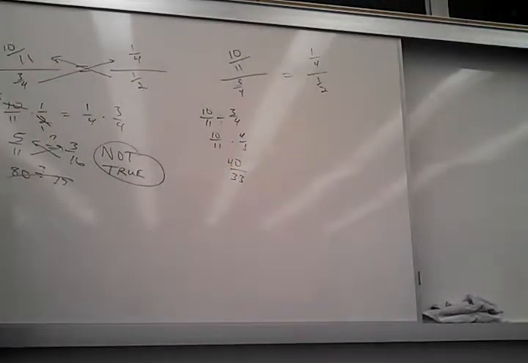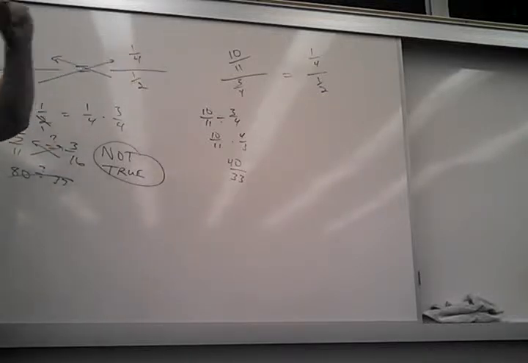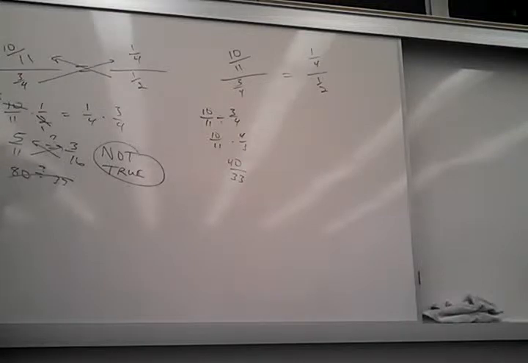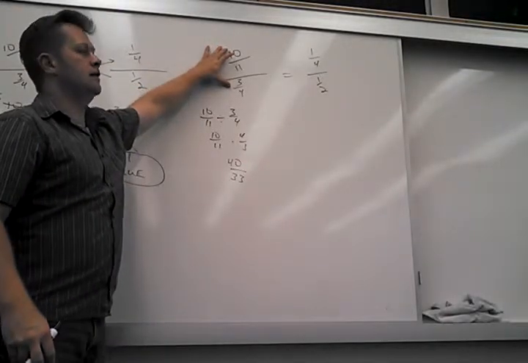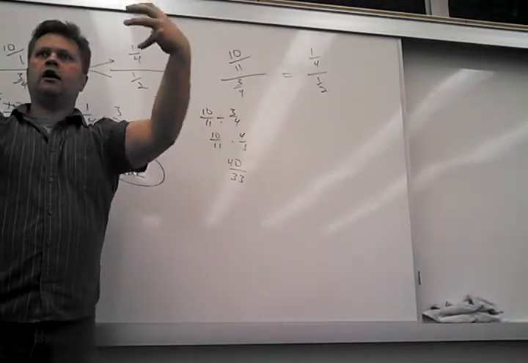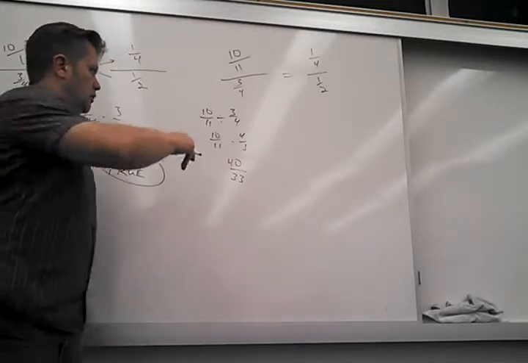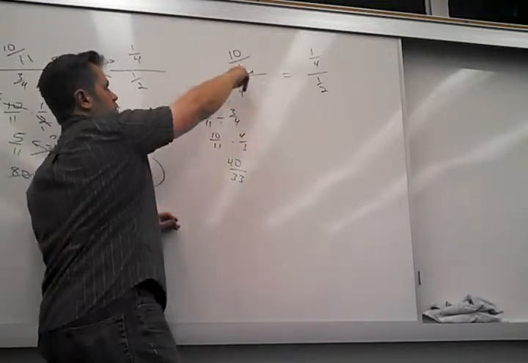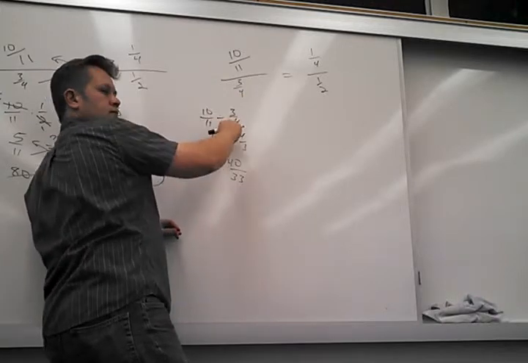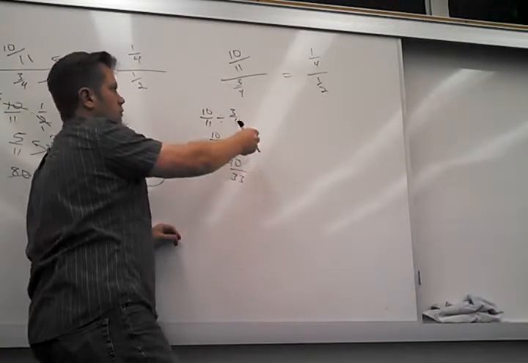Let me just stop right there. This is one way to do it. The problem is done. There's another way to do it if you want to. You don't have to do both. You could simplify this side, simplify that side, and see if they are equal to each other. So you get 40 over 33 if you do this division, which is multiplying by the reciprocal. What about over here?